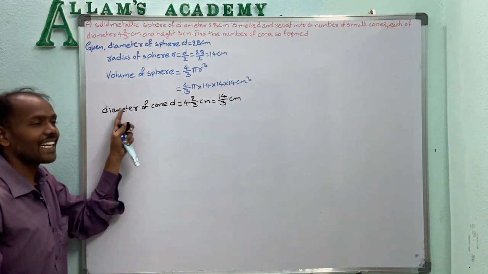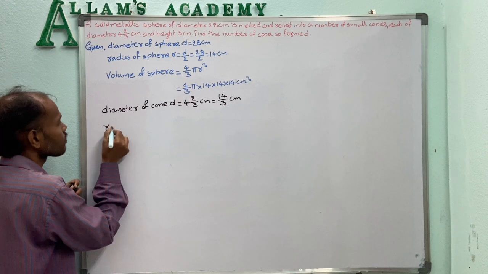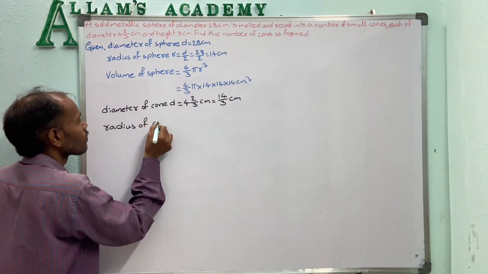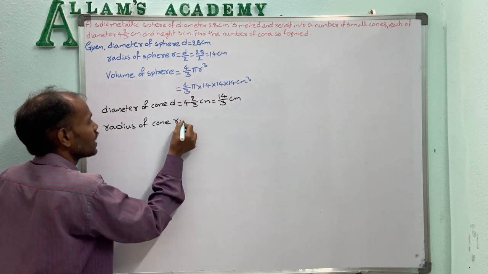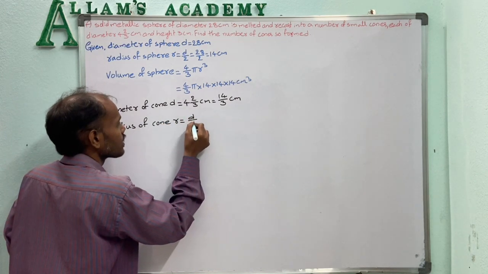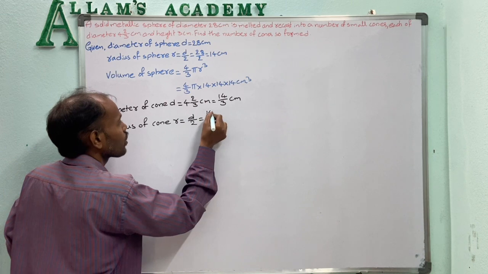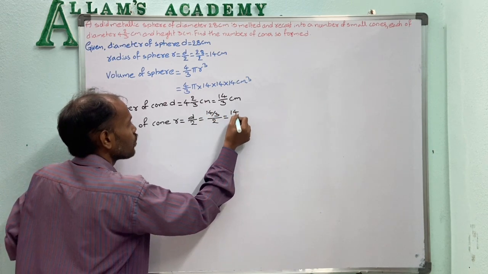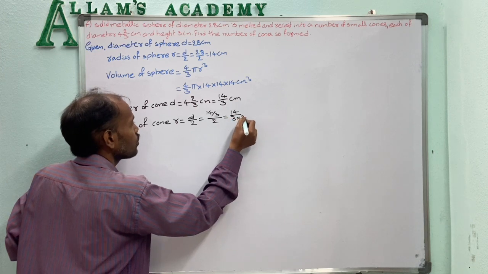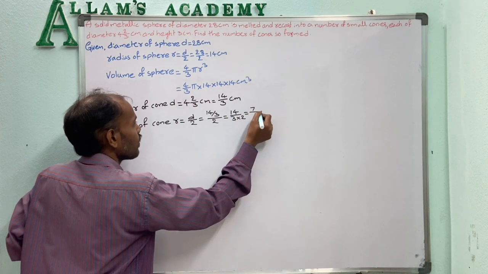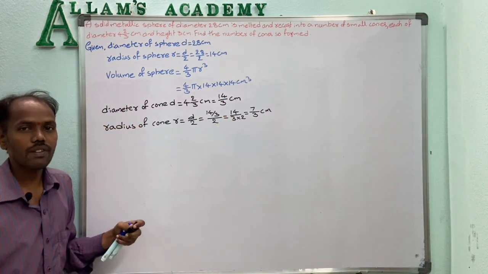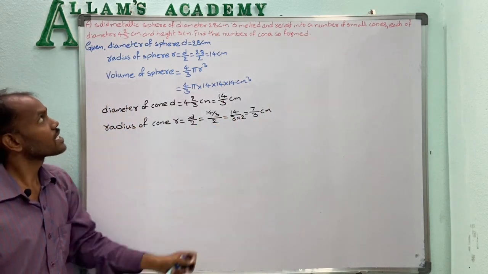Now the radius of the cone, r, is equal to d by 2, that means 14 by 3 by 2, that is 14 by 3 into 2, which is 7 by 3 centimeters.